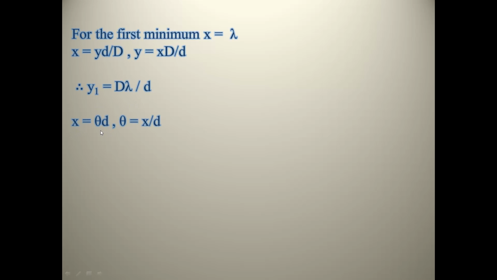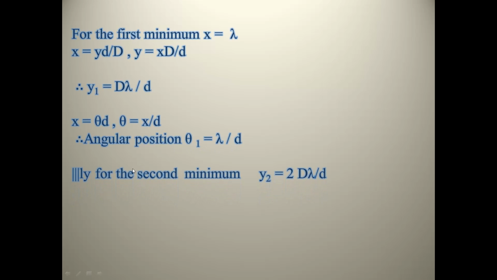But x equals theta d. So the angular position theta is equal to x by d. Let us substitute x equals lambda. So the angular position of the first minimum theta 1 is equal to lambda by small d. It is independent of capital D. Similarly, for the second minimum, y2 is equal to 2 D lambda by small d.